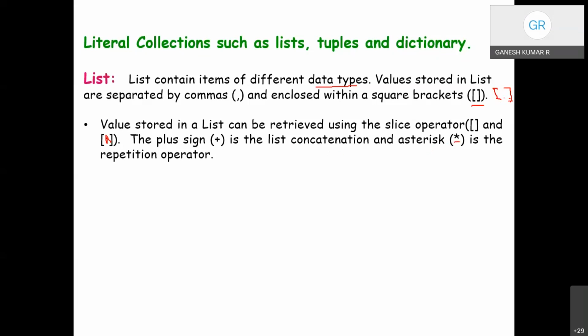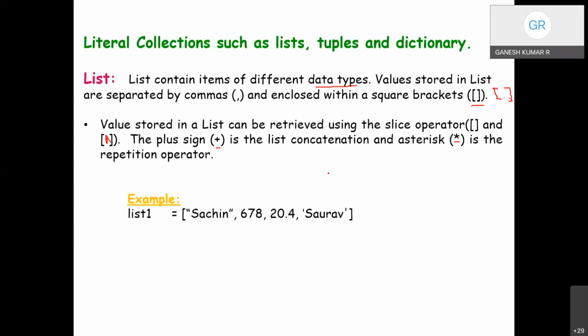So basically, a list is a collection of different data types separated by commas and enclosed within a pair of square brackets. Lists are retrieved, accessed, and manipulated by using the slice operator, concatenate operator, and asterisk operator, I mean the repetition operator, right?